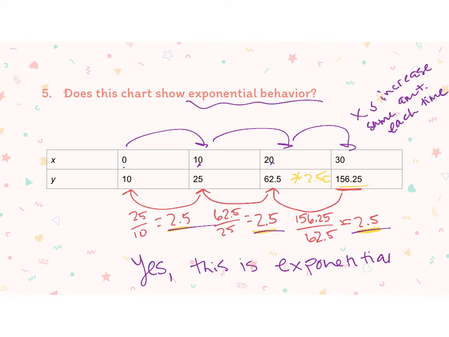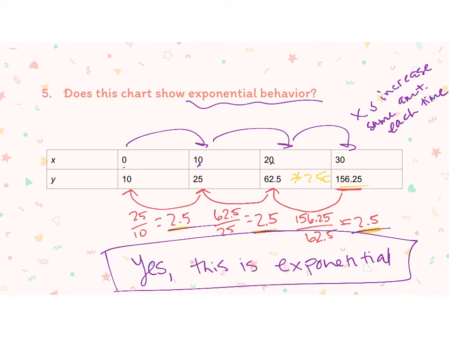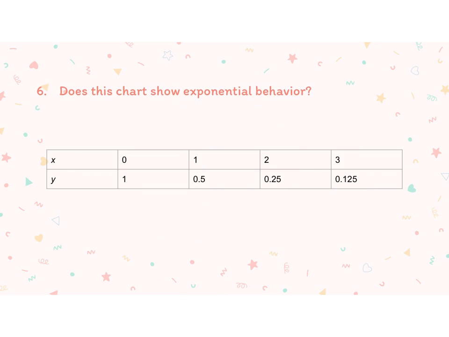And again, I would say that that is true because we used the same multiplier for y. Okay, so I used the same multiplier for y each time, and that's what makes my exponential behavior.